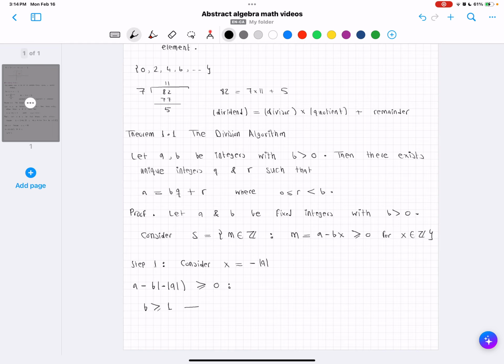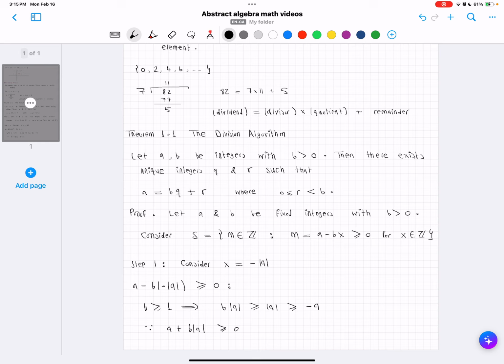So b times the absolute value of a is bigger than or equal to the absolute value of a, which is bigger than or equal to minus a. So if you do algebra, a plus b times the absolute value of a is bigger than or equal to 0.